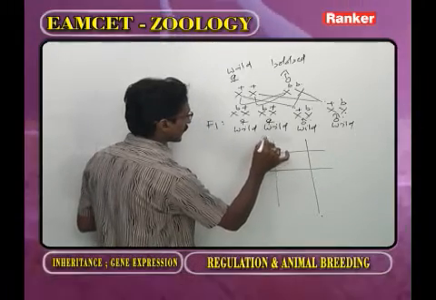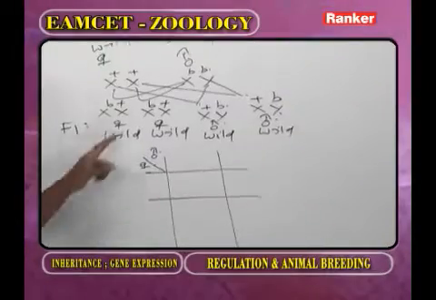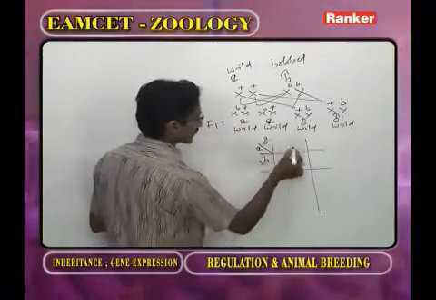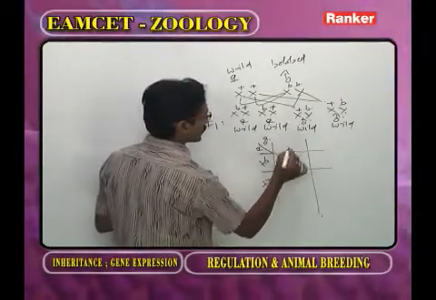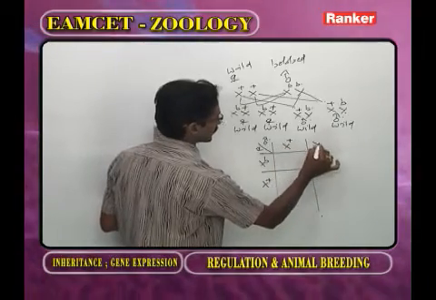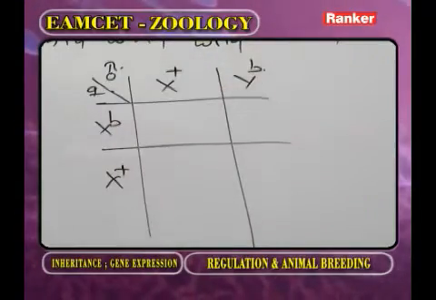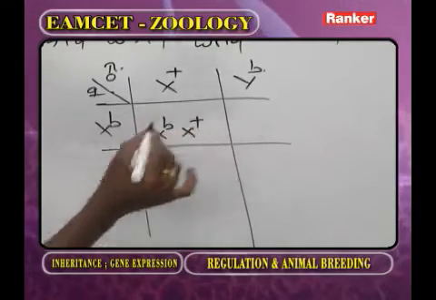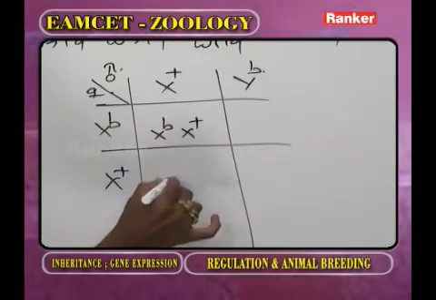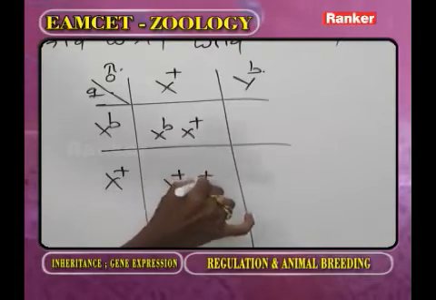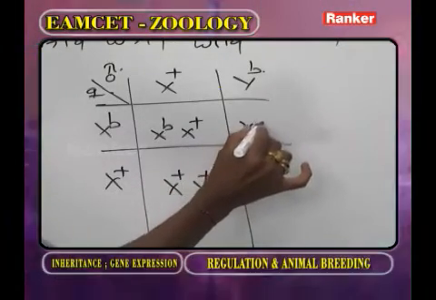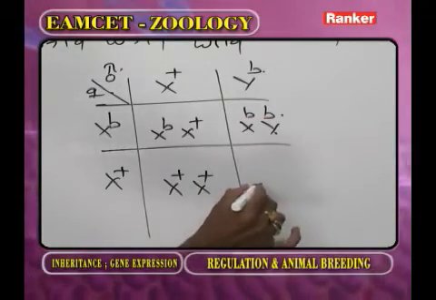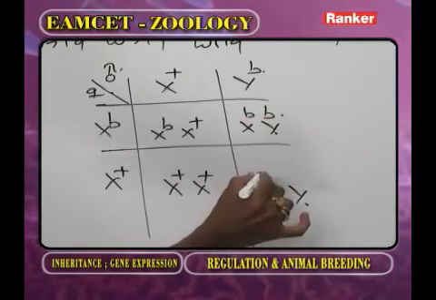Now the male and the female. Here X b, X plus. What about the male? We take X plus Y, X b Y. You observe the cross. Now X b X plus, X plus X plus, X Y b, and X Y plus.